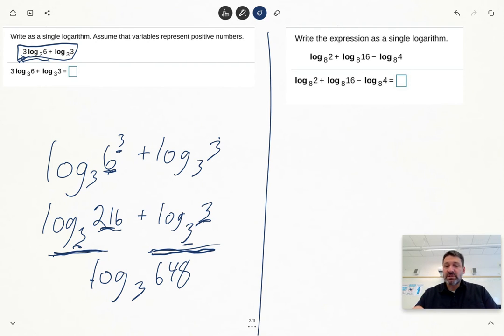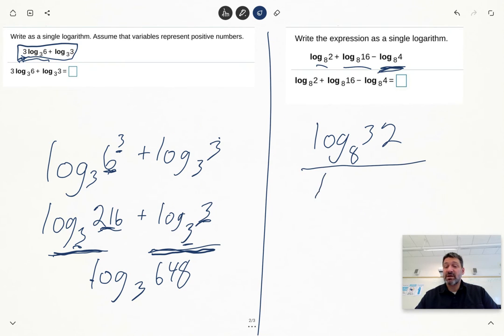Okay, so let's look at another example of that. So we've got log base 8 of 2 plus log base 8 of 16. Remember, we're actually multiplying those numbers. The bases are the same. Notice all of these have log base 8, so that allows us to perform the operations. Log base 8 of 2 plus 16 would give us the same as 2 times 16, which is 32. And then when we're subtracting, that'd be the same as division.